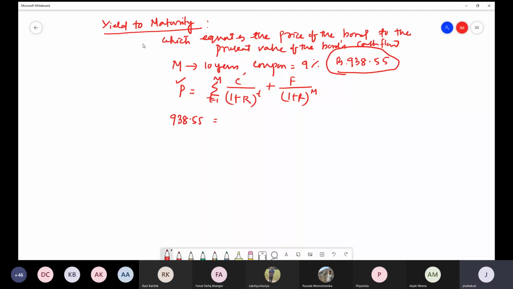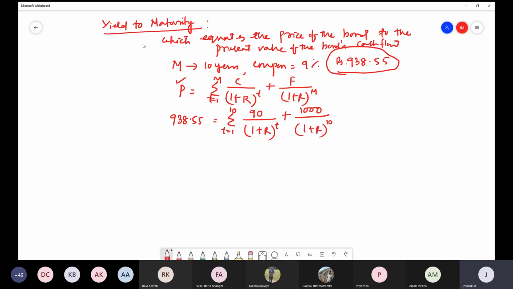Your period is given, it is 10 years. Coupon is 9%, it is given, 90. It is (1 plus r) to the power t, plus F is given, that is 1000, divided by (1 plus r) to the power 10.